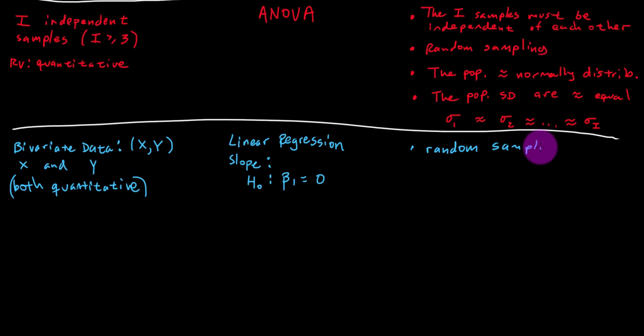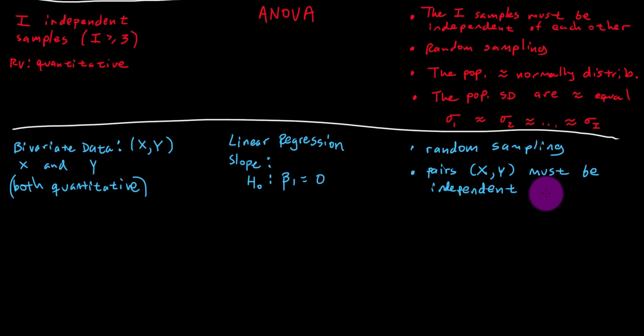There's a couple ways that can be achieved. The pairs x, y must be independent, same as earlier, and not use any matching. So the ordered pairs are independent of each other. So x1, y1 is independent of x2, y2, and so forth.